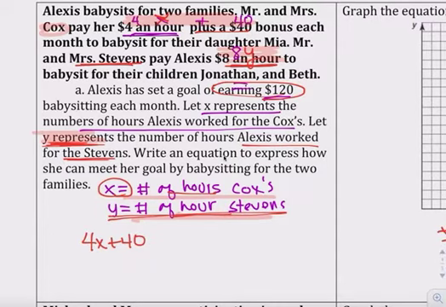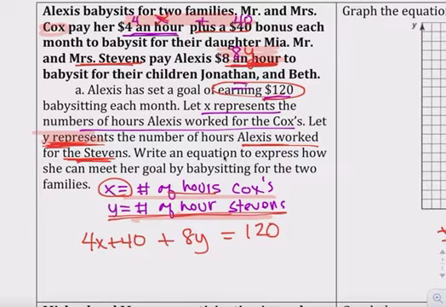And then you work for the Stevens, and they say to use y to represent Alexis's hours at the Stevens. So for hours here, I use the variable y. Add to that 8y, and she wants to make a total of $120.